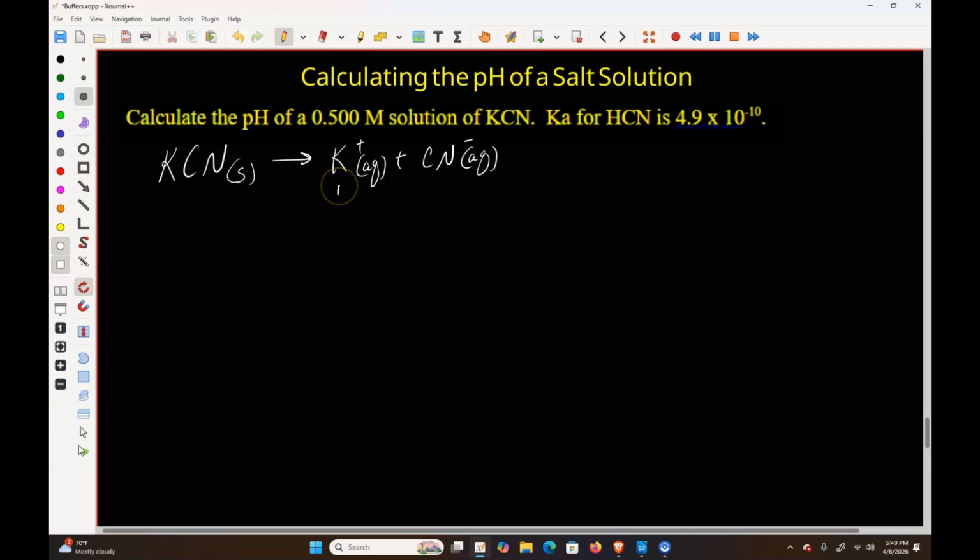I know that this is neutral because it comes from a strong base. I know that this is a basic ion. We're given here that the Ka for cyanic acid is 4.9 times 10 to the negative 10.